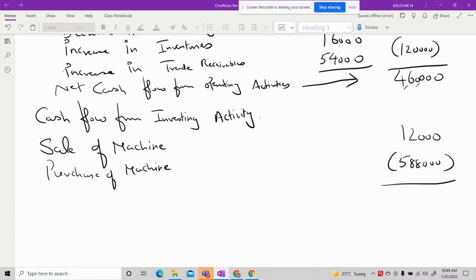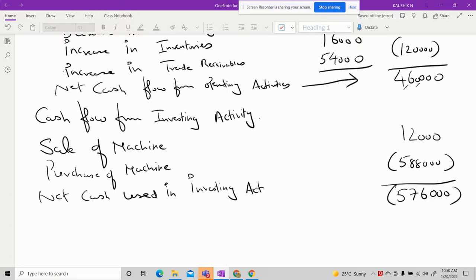When you calculate these two, you will be getting an amount of rupees 5 lakh 76,000, which will be negative. That is the cash used in investing activity. So you will be getting a negative value of rupees 5 lakh 76,000. It should be declared as net cash used in investing activity.